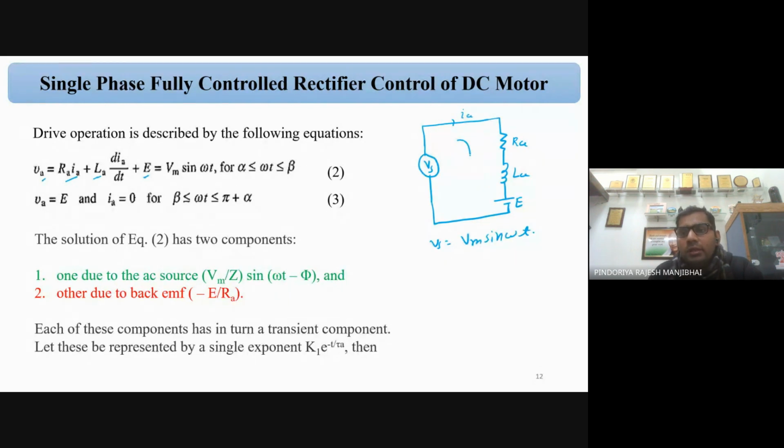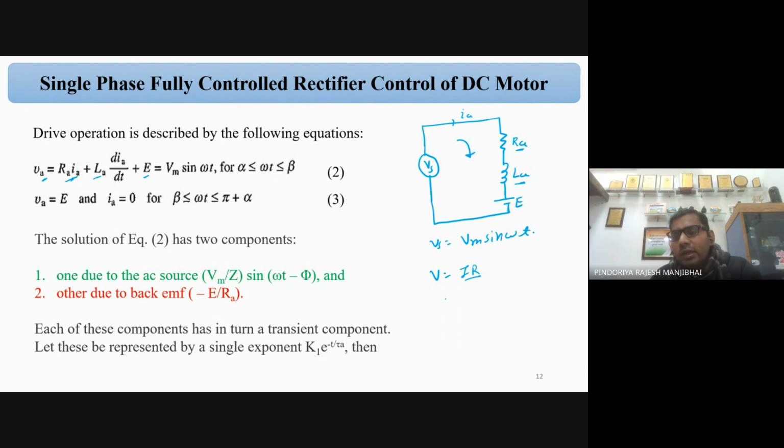So now just apply the KVL in this loop. KVL is nothing but Kirchhoff's voltage law, correct? The voltage source is equal to I into R. So we can say Va is equal to Ra into Ia plus La di by dt. What is the inductor voltage?